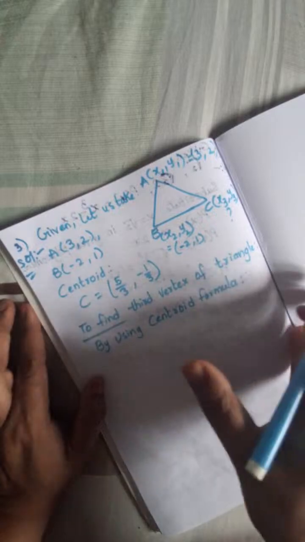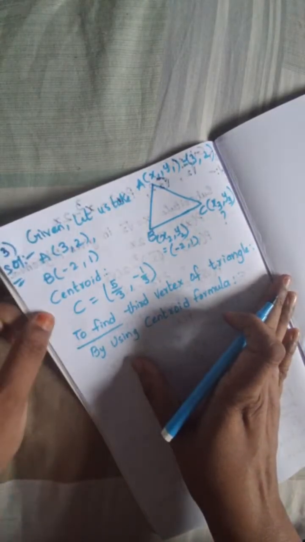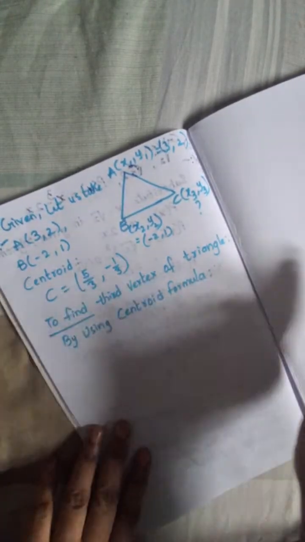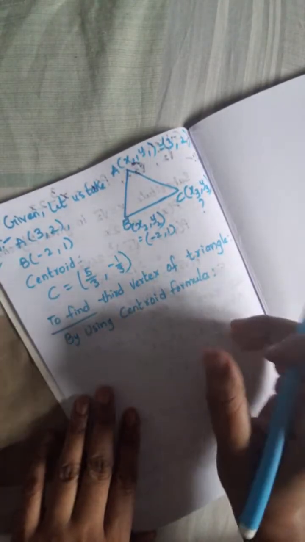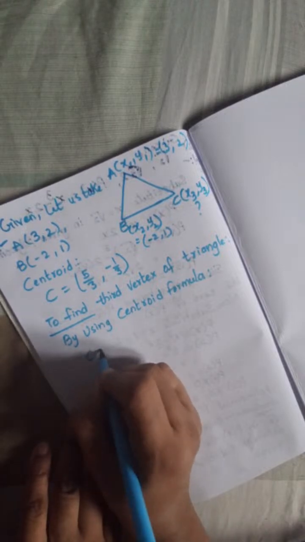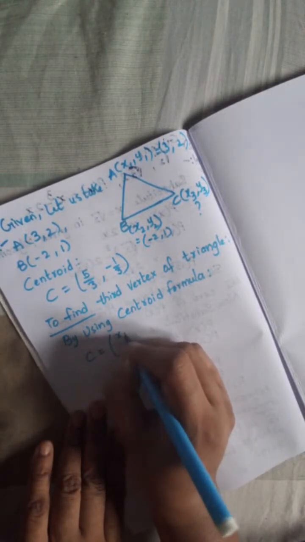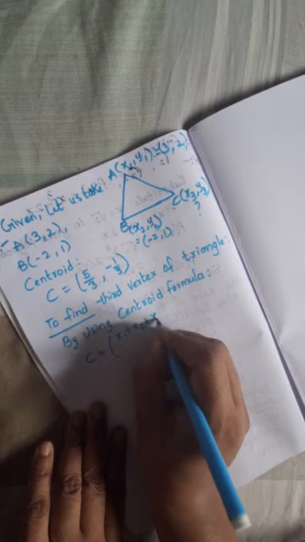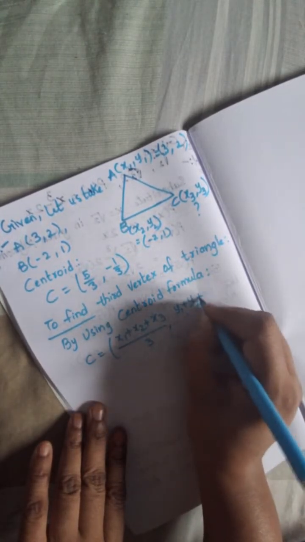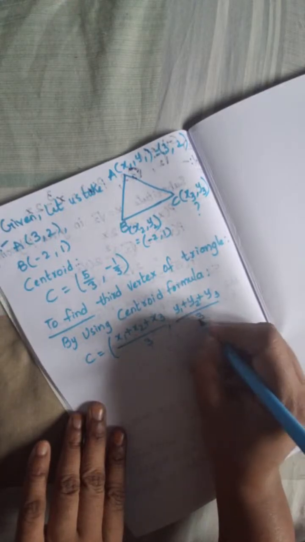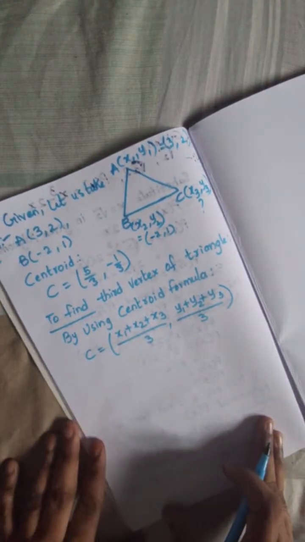So make a list of formulas before doing problems. Using the formulas, we can solve the problems. The centroid is C equal to x1 plus x2 plus x3 by 3 comma y1 plus y2 plus y3 by 3. This is the formula of the centroid.